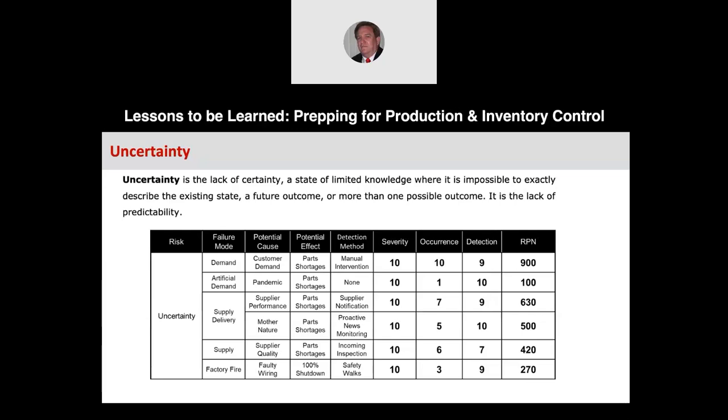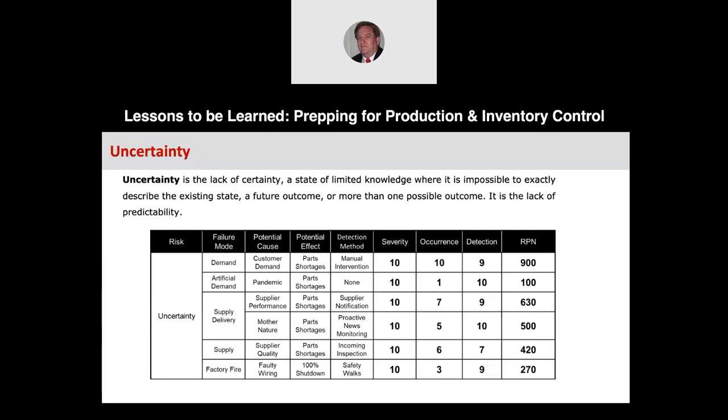One way to detect that is to have safety walks, going through the facility, looking for issues, trying to be proactive. For a factory fire, severity is definitely a large 10. But factory fires happen, but they don't happen that often. Detection is through safety walks. Of course, the better job you do, the better you can detect it.